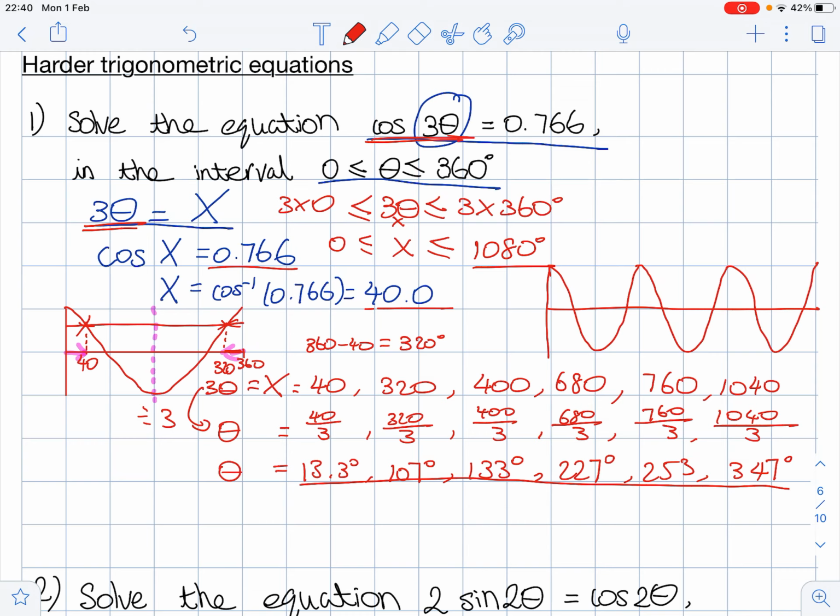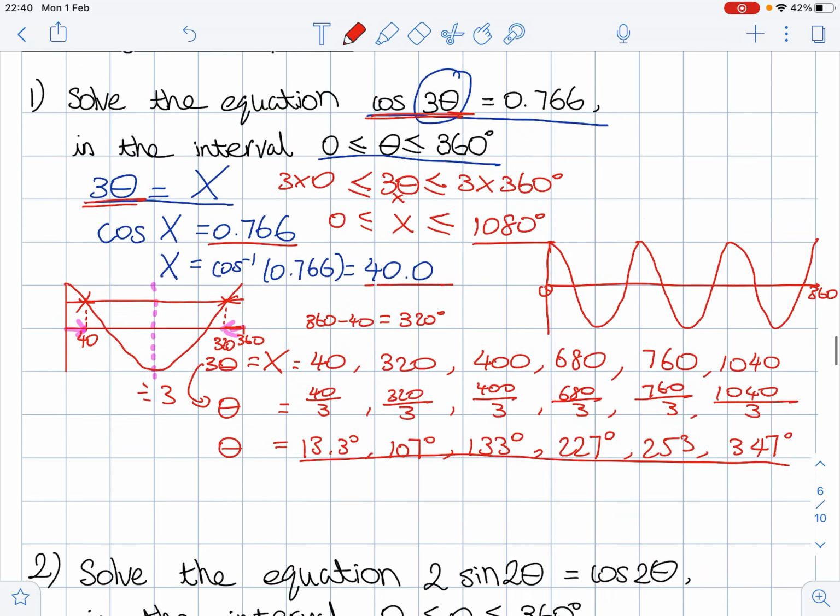So this is what our graph is going to look like. Remember this is our cos graph, but then we shrink it by 1/3. From here it's 0, and this is 360.